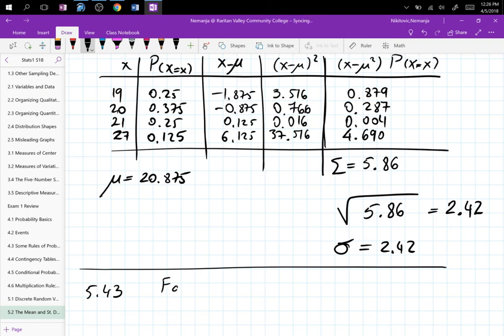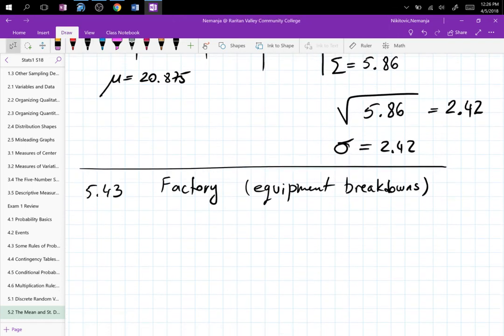So this is the factory, and this is the equipment breakdown. So the manager is... Why is this W? Equipment breakdown. Oh, there is a W in the breakdown. Okay, got it.